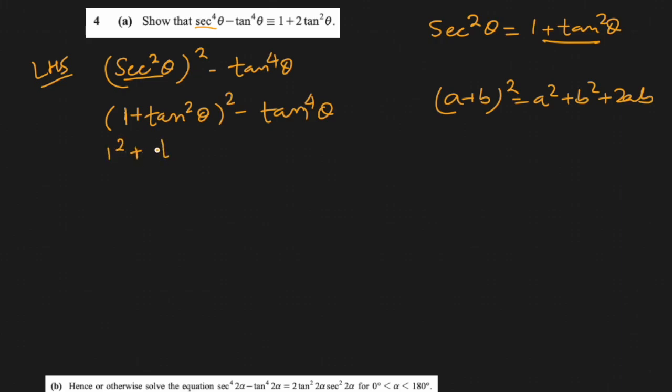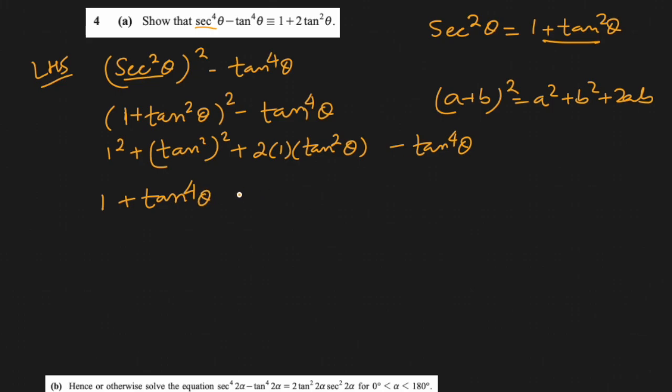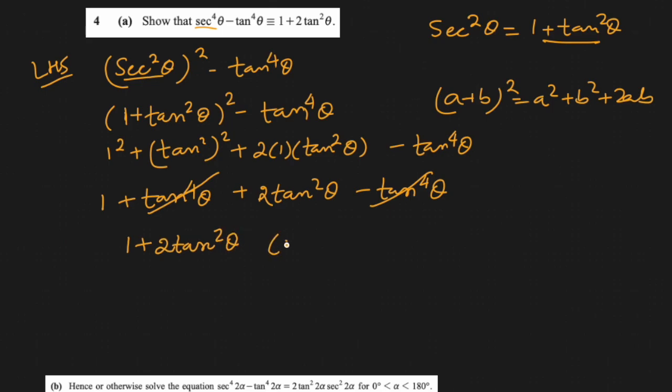A squared plus b squared plus 2ab, and then we have minus tan to the power 4 theta. 1 squared is 1, plus tan to the power 4 theta, plus 2 tan squared theta, minus tan to the power 4 theta. This and this will cancel out. What are we left with? 1 plus 2 tan squared theta, and that is the right hand side, proved.